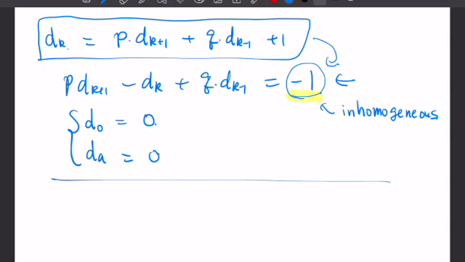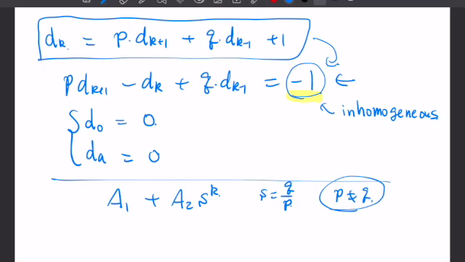We already know the answer, and that is something like this: A1 plus A2 times s to the power of k, where s is q over p, if p is not q. First we consider this case.